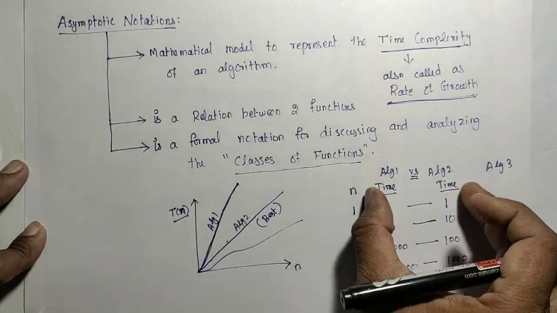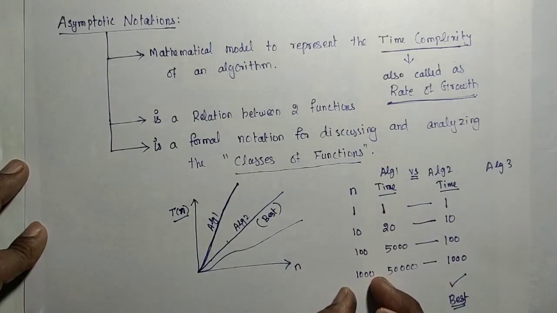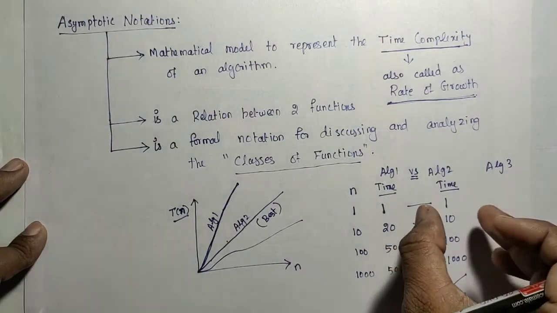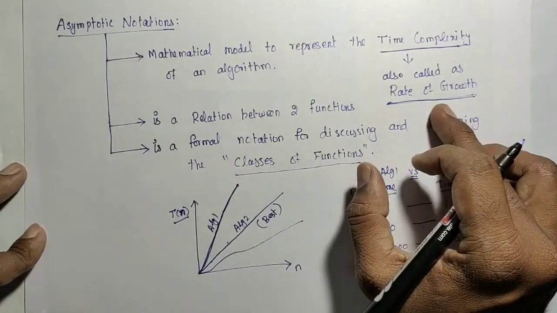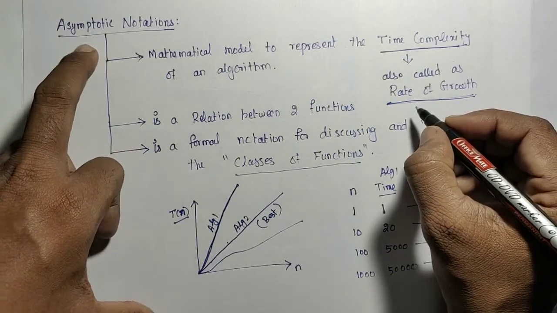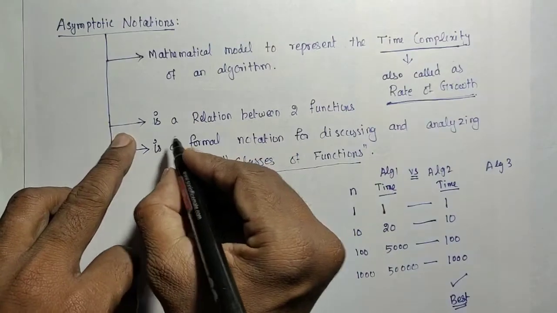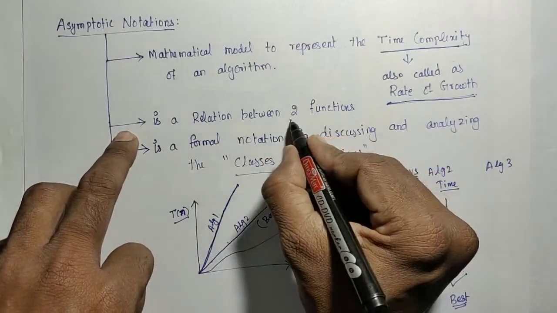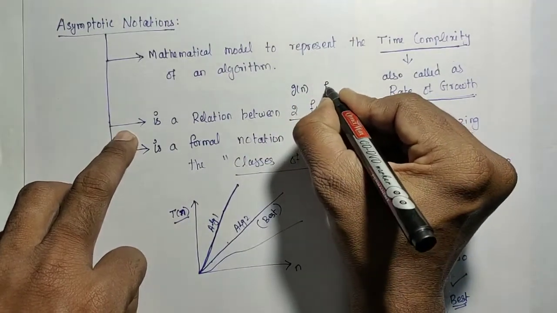So this is called the rate of growth: if you are increasing the input size n, how fast the execution time increases. That is the rate of growth. To represent the rate of growth, we are going to use a mathematical model, that is, asymptotic notations. It is nothing but a relation between two functions, say g of n and f of n.